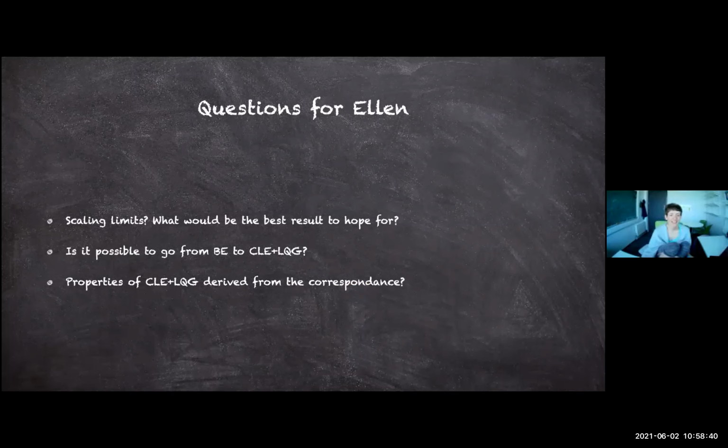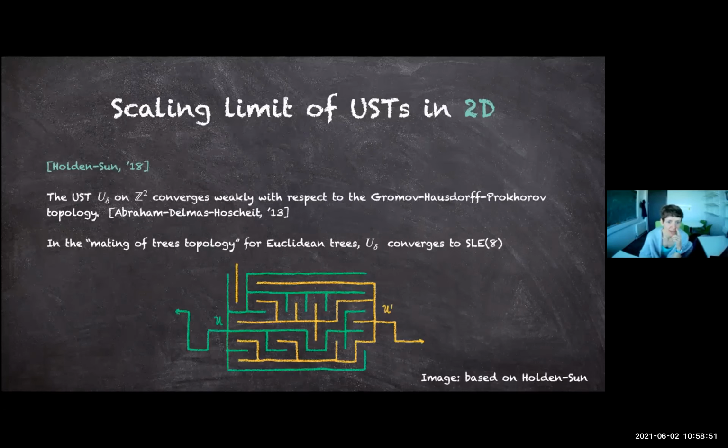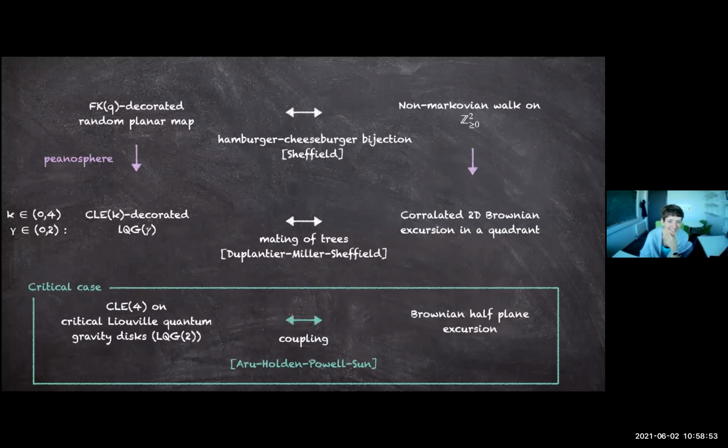Right, thank you so much for the really nice point of view on this. For the scaling limits, I can answer very quickly. If you wouldn't mind going back to your slide on that, because that was actually better than my slide. So there's one scaling limit that one could try and prove, in the context of these FK decorated random planar maps.